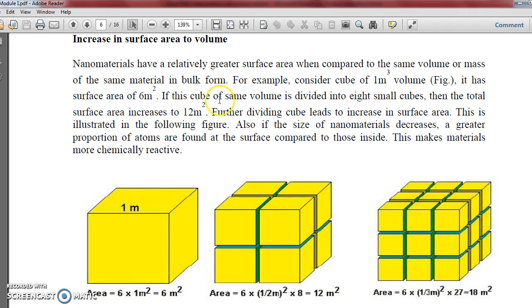And then if the cube of the same volume is divided into 8 small cubes, then the total surface area increases to 12 meters square. Previously it was 1 meter cube, and now the same cube is sliced into 8 cubes. Then we'll go to the third example.